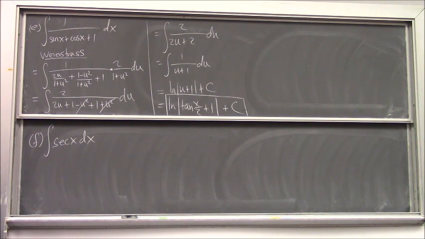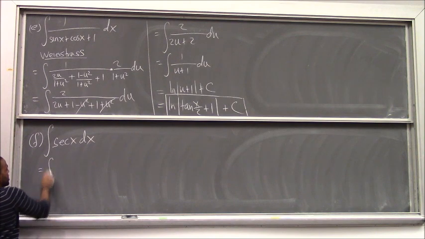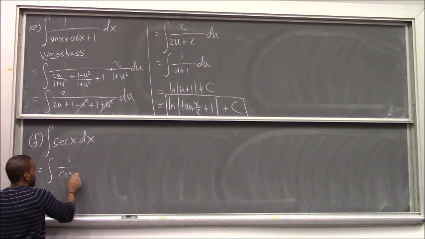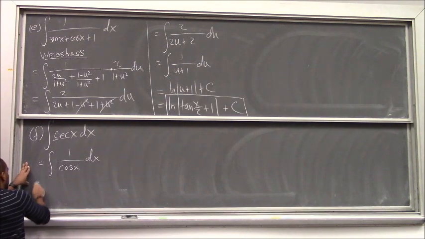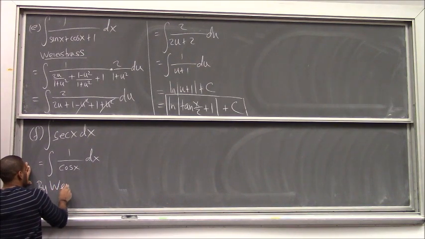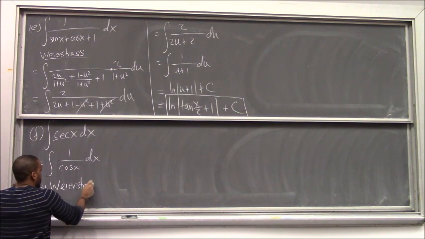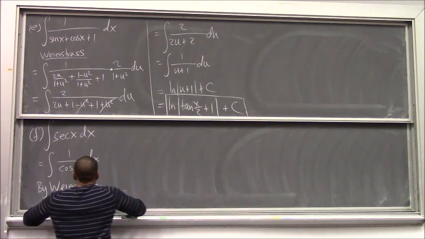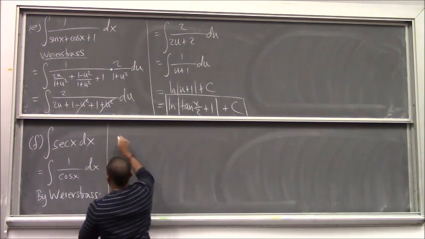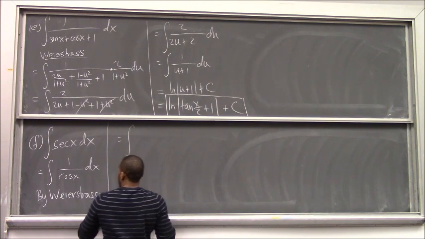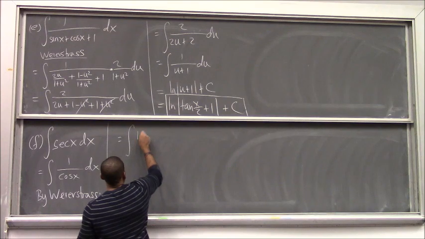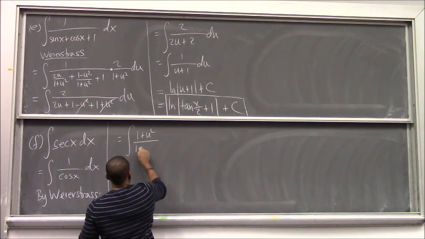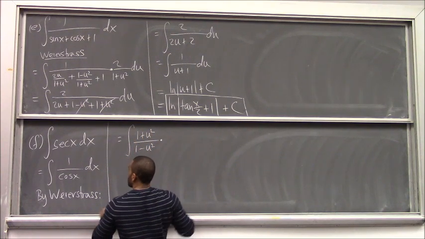So we know that this is going to be 1 over cosine of x, and we know how to represent the cosine of x with the Weierstrass. Cosine of x is 1 minus u squared over 1 plus u squared, so this becomes 1 plus u squared over 1 minus u squared, times 2 over 1 plus u squared.